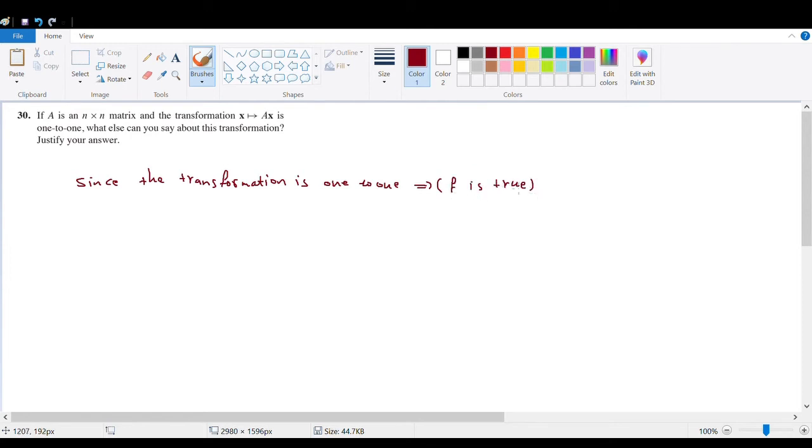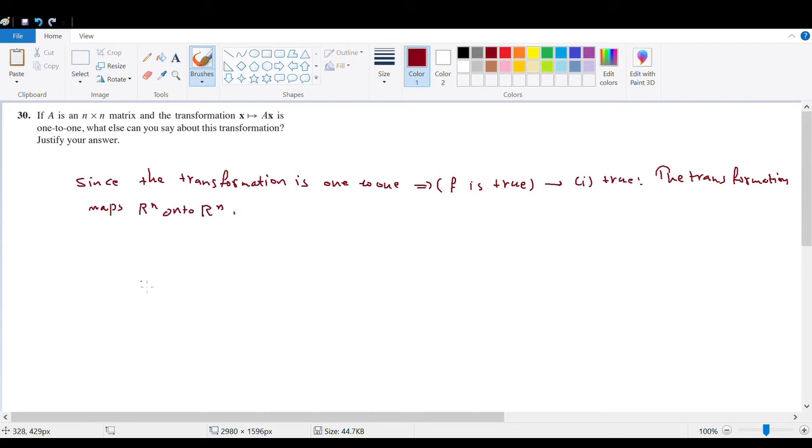This will lead to I being true also, which is that the transformation maps Rn onto Rn.